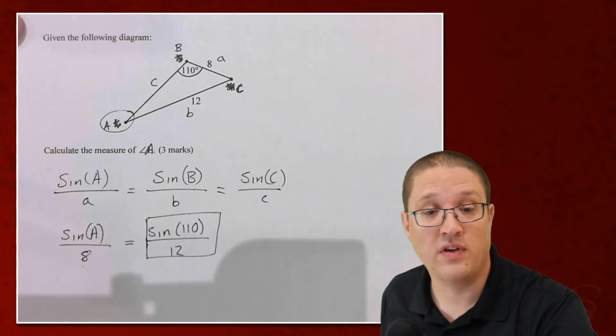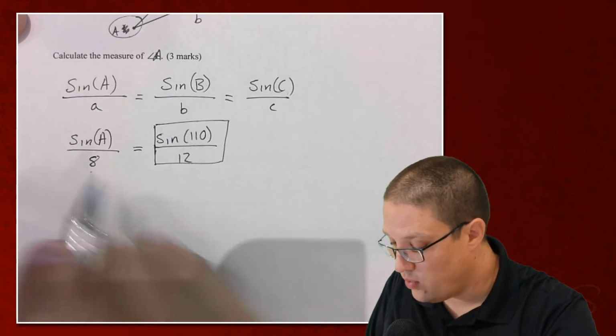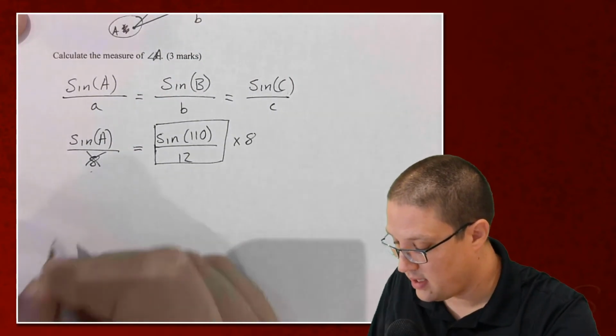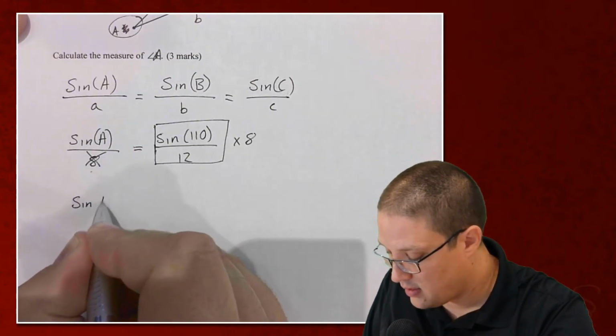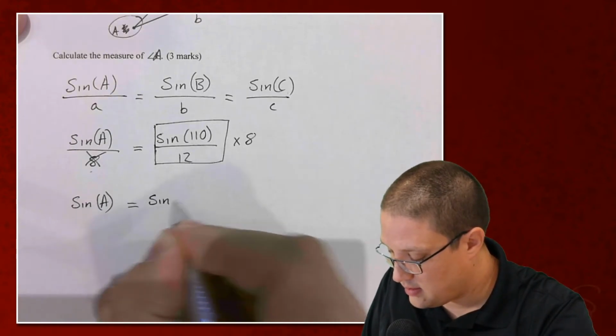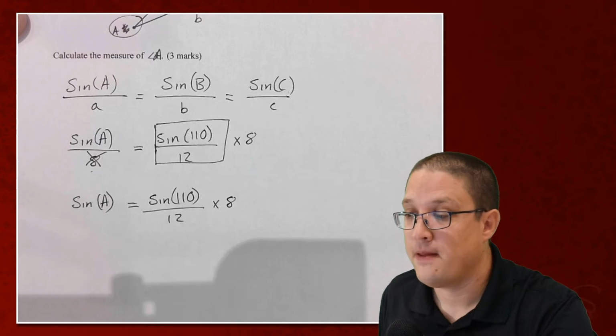In order to solve for this, I now need to do a little bit of algebra. We're going to move this 8 across by multiplying both sides by 8. Gets that out there. So sine A equals sine of 110 divided by 12 times 8.